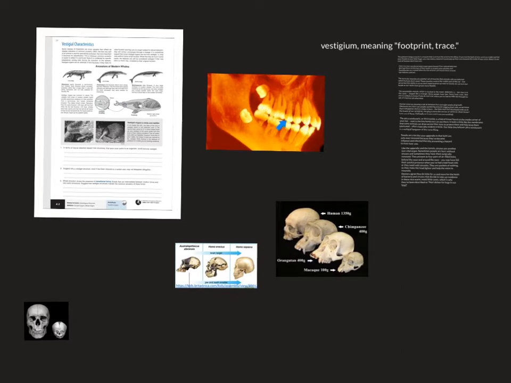They shift the teeth in such a way as to make them point outward, and it causes all kinds of dental problems down the line. So why have these teeth growing in places that don't seem to have any purpose?